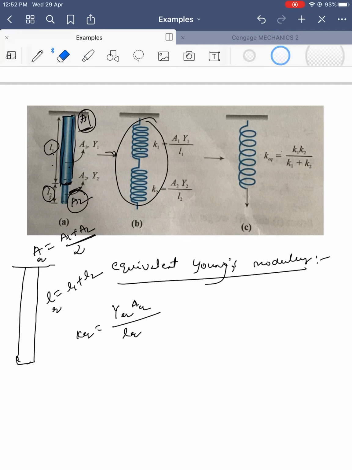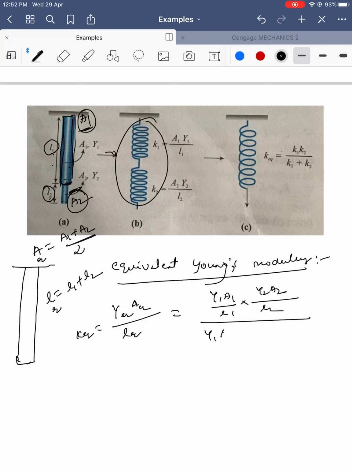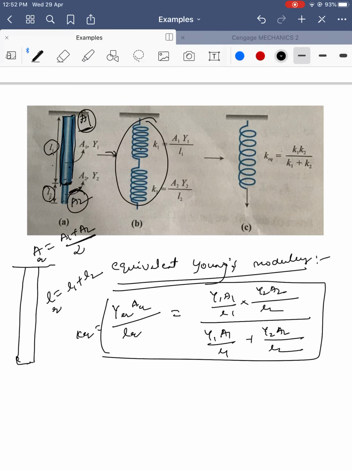A equivalent we got, and K equivalent is Y1 A1 by L1 into Y2 A2 by L2 by Y1 A1 by L1 plus Y2 A2 by L2. This is the equivalent part. A equivalent we got is A1 plus A2 by 2.